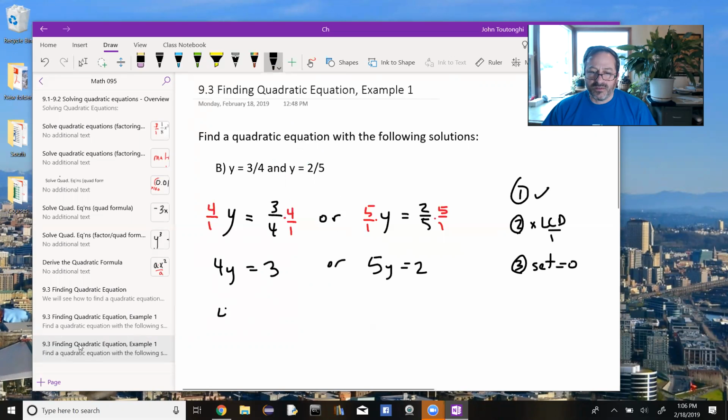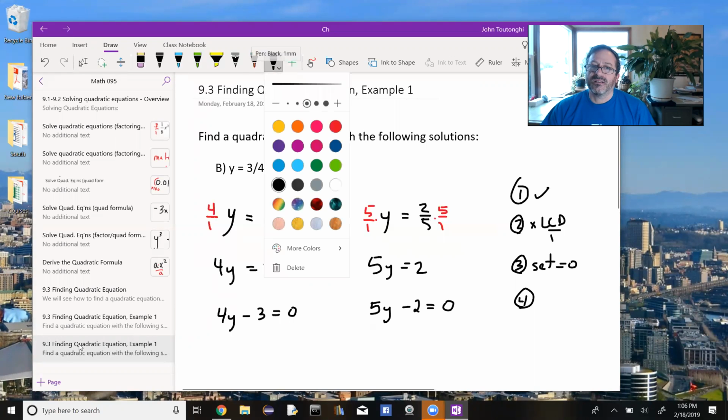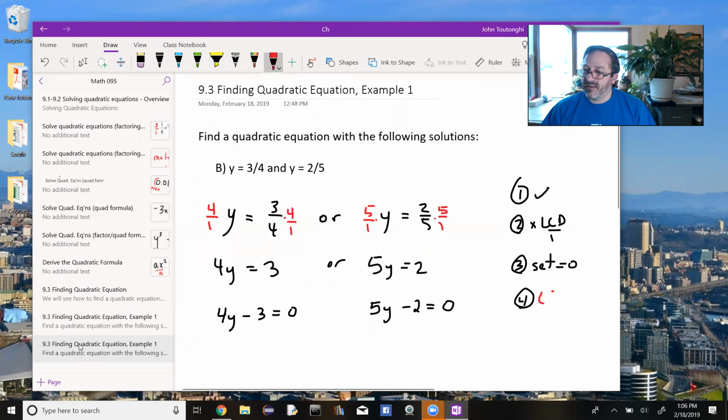Now we need to set these equal to 0. So the first equation, subtract 3. The second equation, subtract 2. This gives me my factors. So I need to take those factors and multiply them, set the result equal to 0.